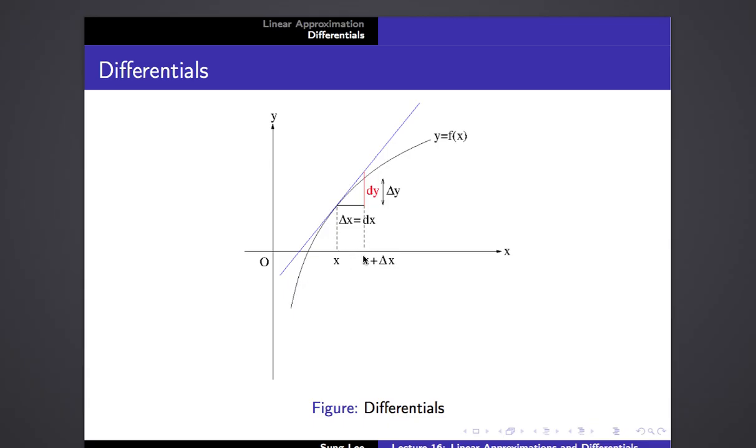When delta x is very small, then delta y by delta x, the slope of this line segment, is going to be close to the slope of the tangent line, which is dy by dx. So that's the idea. The only difference in this case is that delta x is the increment from x to x plus delta x.